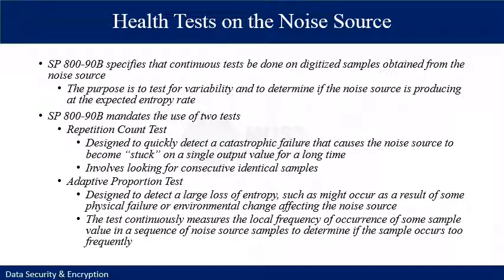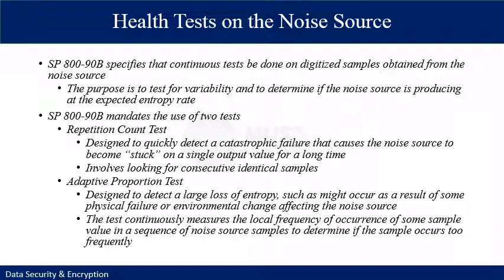NIST specifies that continuous tests be done on digitized samples obtained from the noise sources. The purpose of this test is to check the variability and to determine that the noise source is producing at the expected entropy rate. So NIST mandates use of two tests, the repetition count test and the adaptive proportion test.